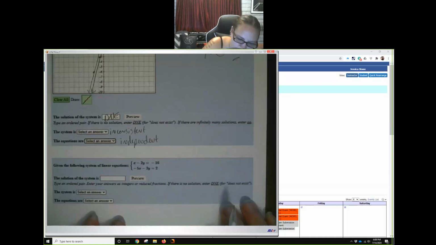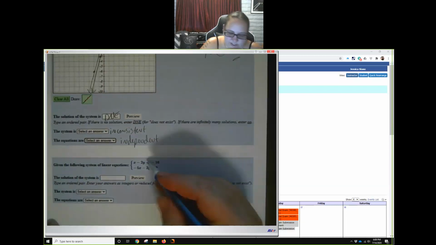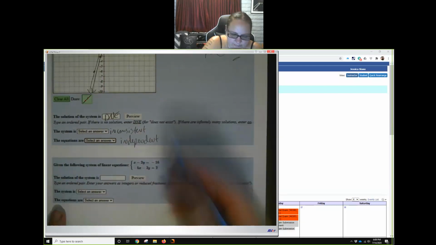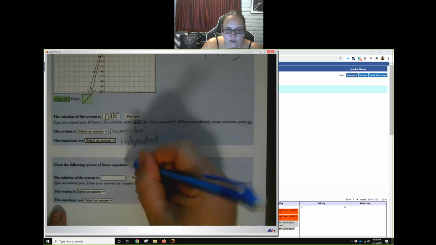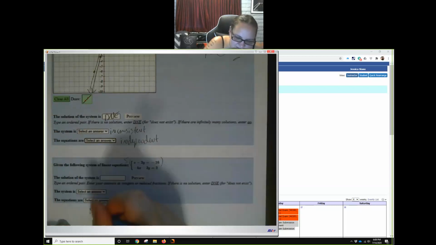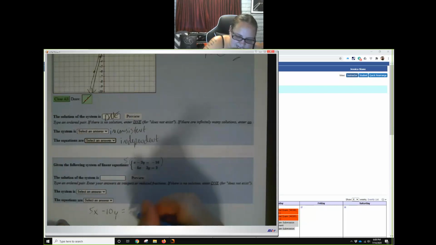And then let's do one more together. I would say that this one is also set up for elimination only because they're already stacked. And you see how the x's have opposite signs? So all I'd have to do is multiply the top equation by 5, and then my x's would cancel. So I would have 5x minus 10y equals -80.